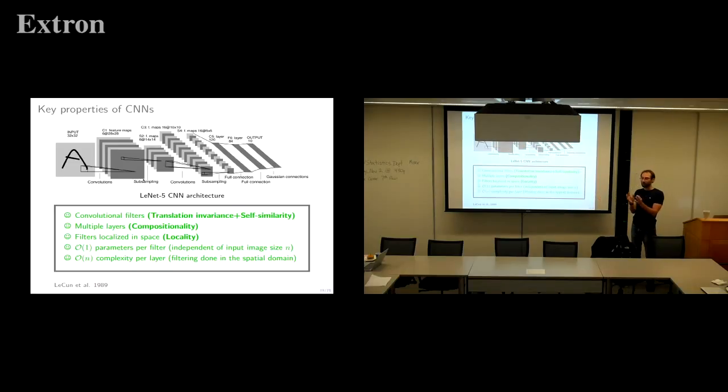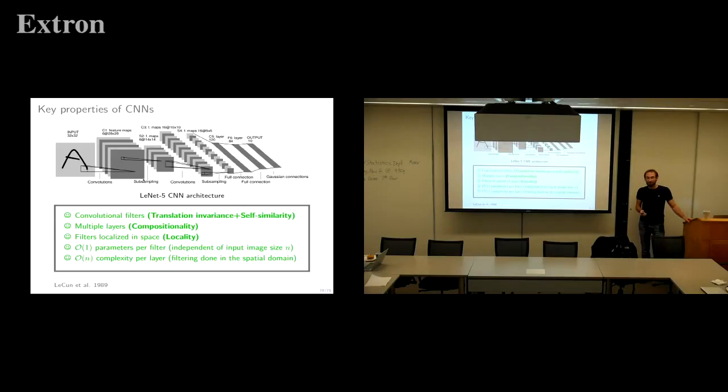You have a small number of parameters for a filter, and then you assume that the same structure can appear elsewhere. Mathematically, the number of parameters per filter is order of 1, independent of the input size. You have small patches that you run across your image, and the complexity of computation is order of n. You run a template over an image and visit each pixel once. That's why it's order of n, where n is the number of pixels, the input size.